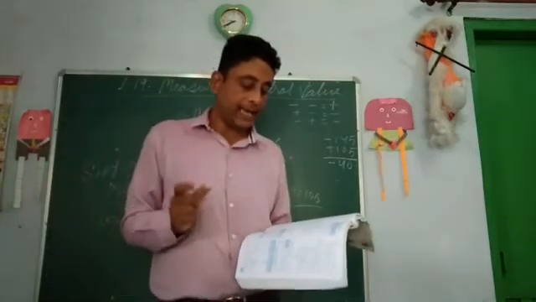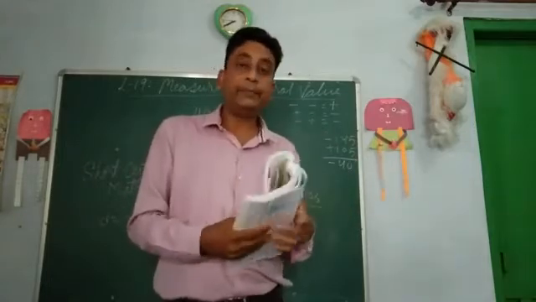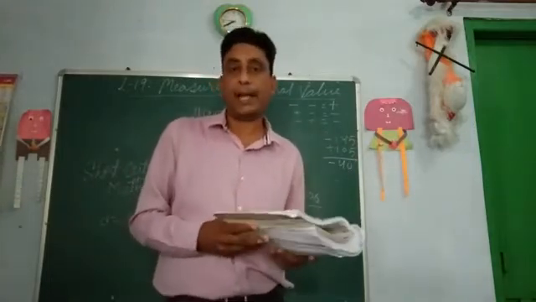So, the direct method. A discrete series has frequency. Frequency is the number of times that thing is happening.